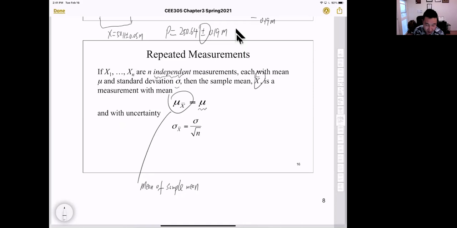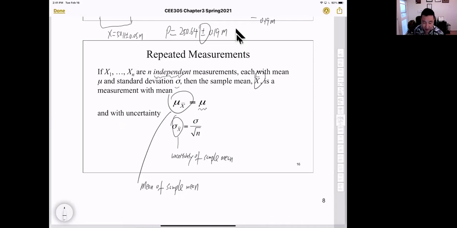The interesting part is the sigma, or the uncertainty. The uncertainty of the sample mean becomes smaller. It is equal to sigma over square root of n. N is the sample size.